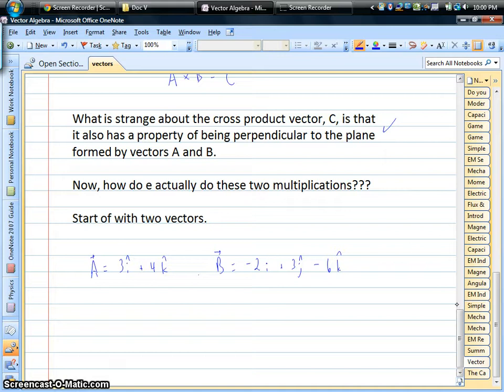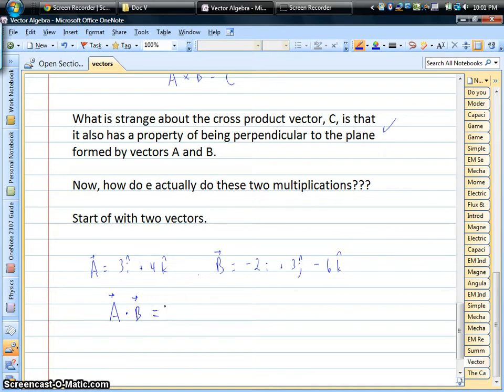Let's start off with probably the easier of the two, which is the dot product. So I just made up two vectors here, and if you have a problem where you actually know the x, y, and z components of your two vectors, here is the way you can go about trying to find the dot product. Now the name dot product comes about because of the notation that you have. You use that dot symbol for the multiplication.